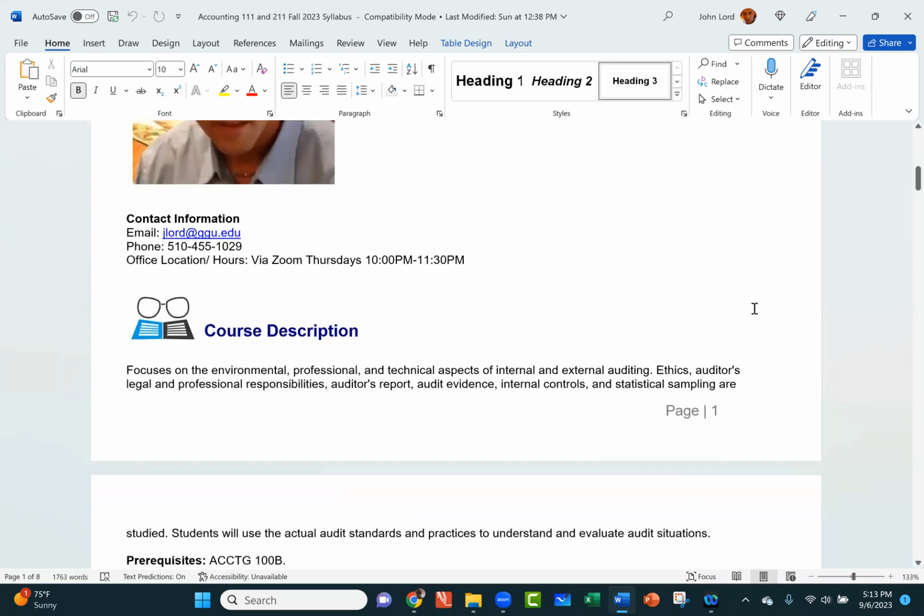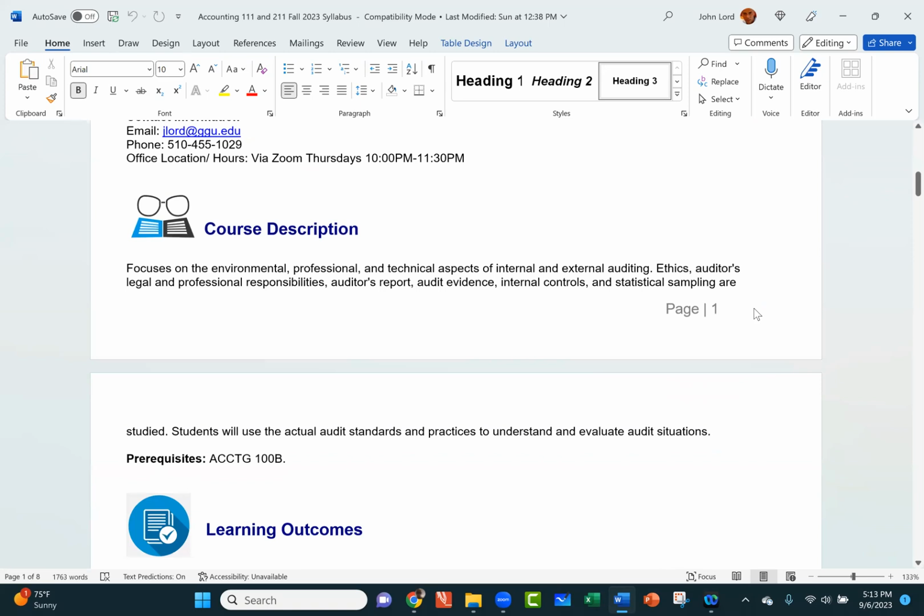Okay. Course description. This is an auditing course. What we're going to be doing in this class is understanding what a third-party auditor, an independent auditor, does once a client, a company, has prepared a set of financial statements. So if you've been in introductory 100A, 100B, you've really been sitting, whether you realize it or not, in the seat of the preparer of the financial statements.